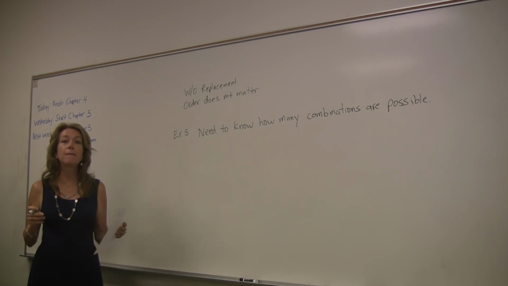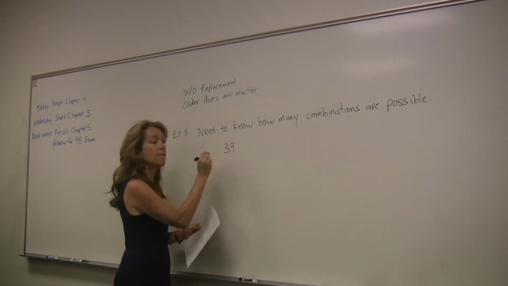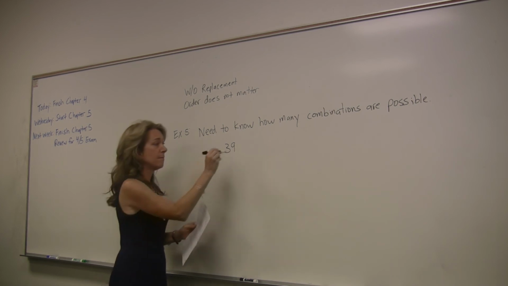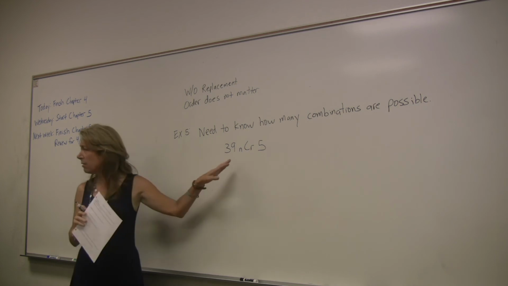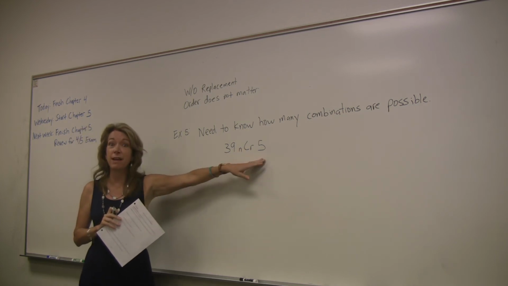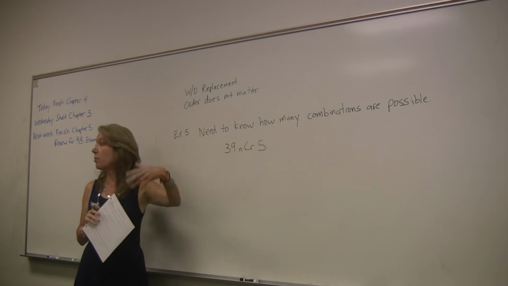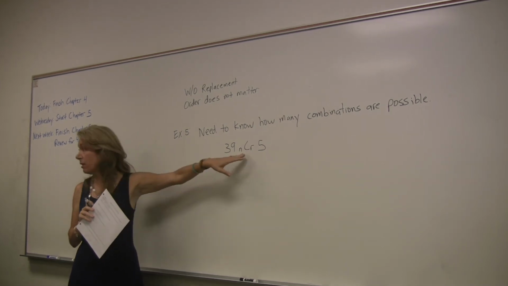You do 39 and then the nCr and then 5? Do we agree with her? There's 39 numbers to choose from. We're gonna pick 5 out of that group. And we wanna know how many different combinations there are. Order doesn't matter, which is why we're using nCr.